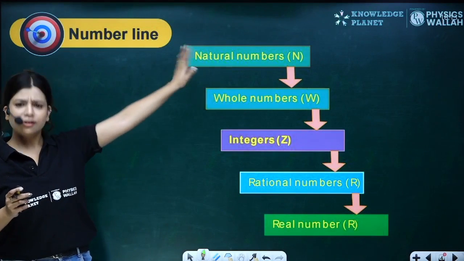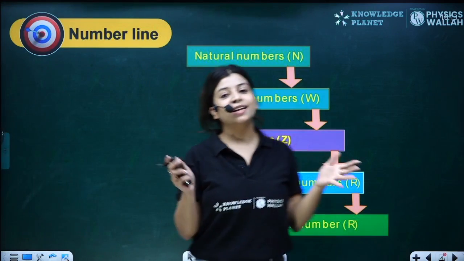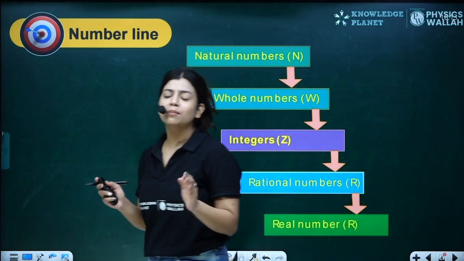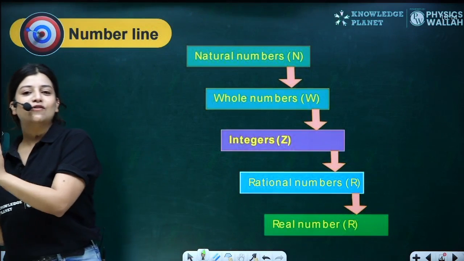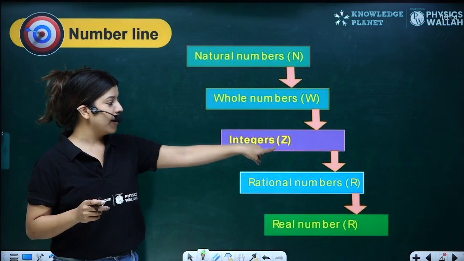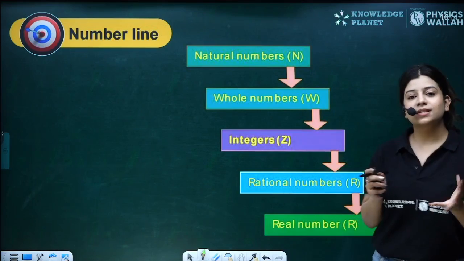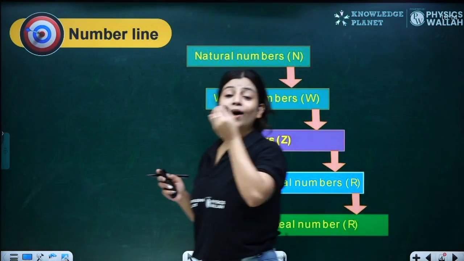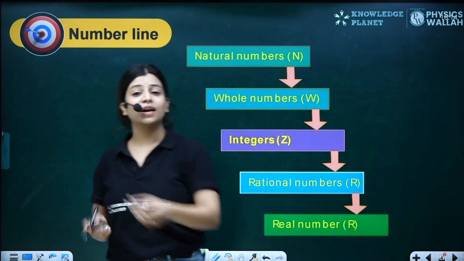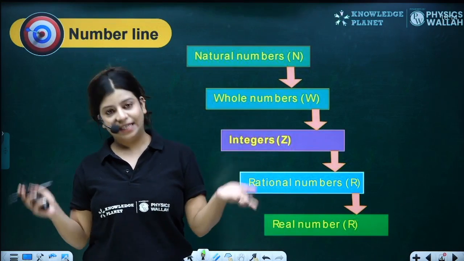If in natural numbers we add the digit 0, that collection of numbers forms your whole numbers, that is 0, 1, 2, 3, 4, 5, 6 and so on. After that we have integers, denoted by the capital letter Z. The whole numbers, 0, 1, 2, 3, 4, 5, 6 and so on, including the negatives of those numbers, form your integers.